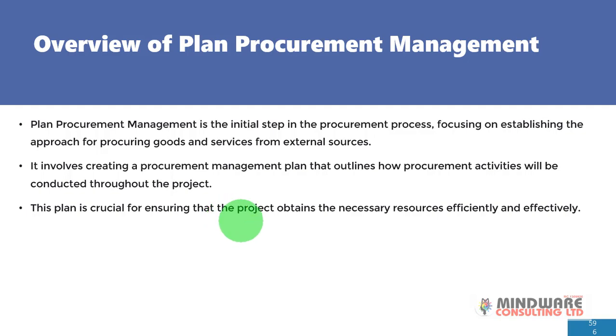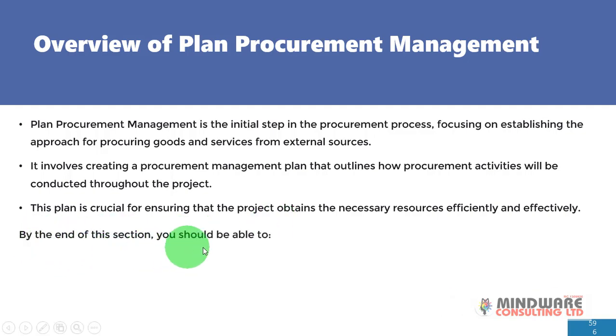This process helps you ensure that the project is able to obtain all the resources that are necessary and required for its completion. Planning helps you ensure that whatever activity you're doing is done as efficiently and effectively as possible.